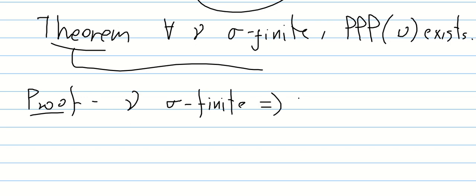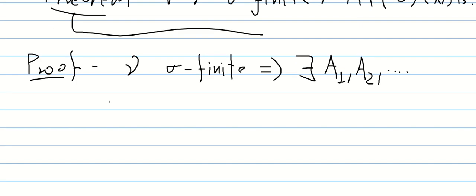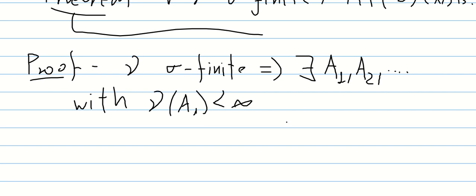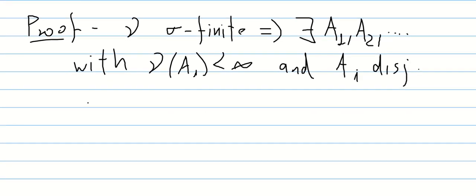So in particular, there exists a collection of sets A1, A2, and so on, potentially countably many of them, with nu(Ai) finite, the Ai disjoint, and the union of the Ai is S. So you can partition the space S with sets that have finite measure.